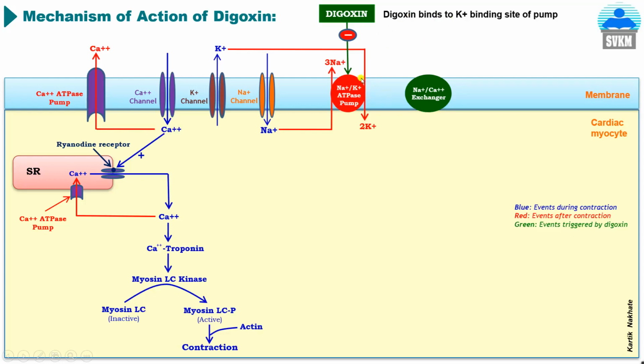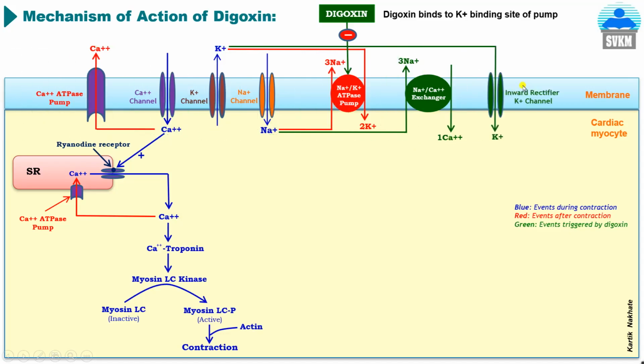Due to the inhibited sodium potassium ATPase pump, the intracellular sodium ions get expelled by the sodium calcium exchanger in the membrane. In this case, one calcium ion enters the cell in exchange for 3 sodium ions. This process eventually increases the intracellular calcium ion level. Meanwhile, outer potassium ions also enter the cell via inwardly rectifying potassium ion channels.